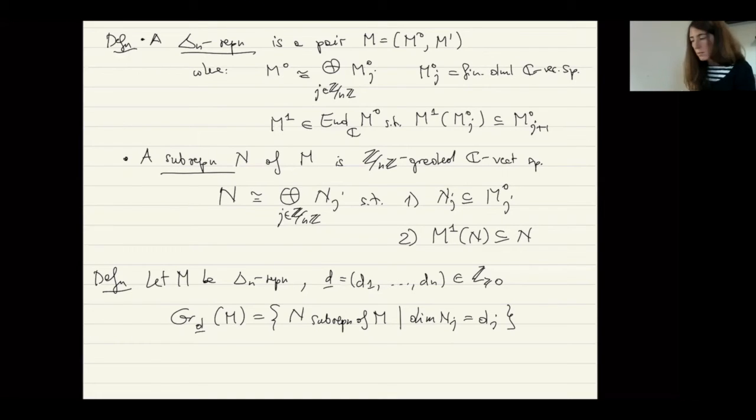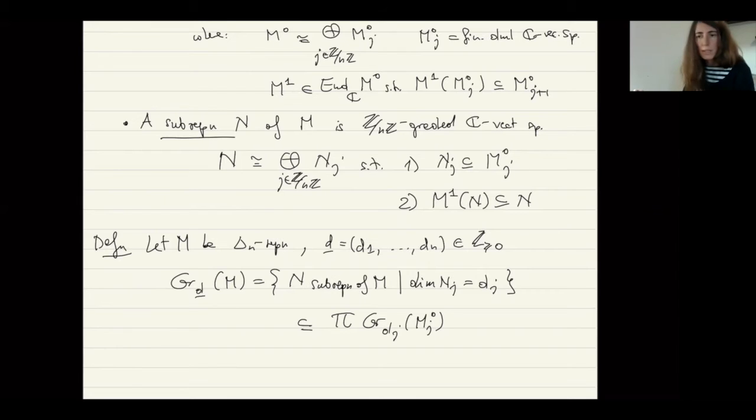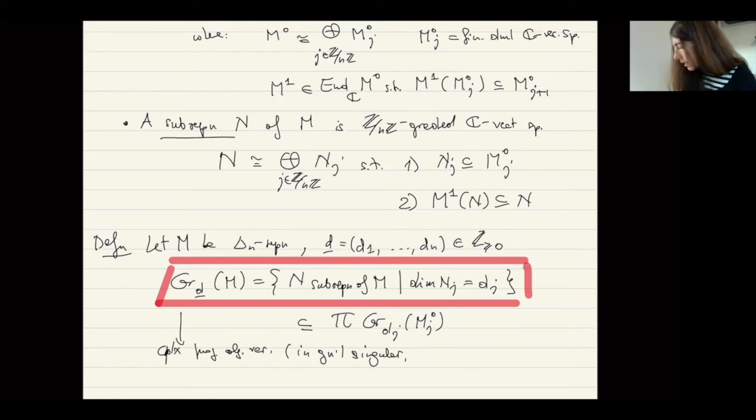So far it's a set, but it is clear that this is contained in the product of the Grassmannians Gr(d_j, M_j0). And the condition on the dimension is a closed condition. Okay, so I really get a complex projective algebraic variety which is in general singular and can also fail to be normal.